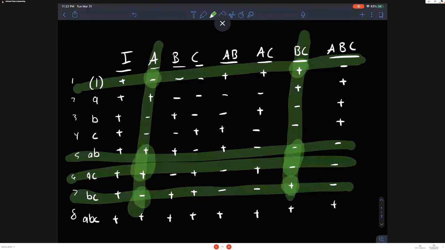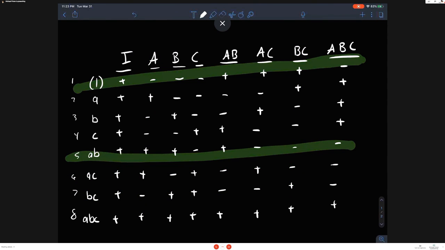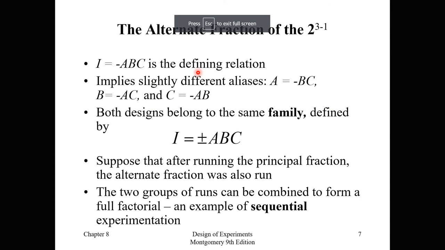So here I see that A and BC are opposites. So this appears like it's working how it should for this opposite relation that we have using this other defining relation.